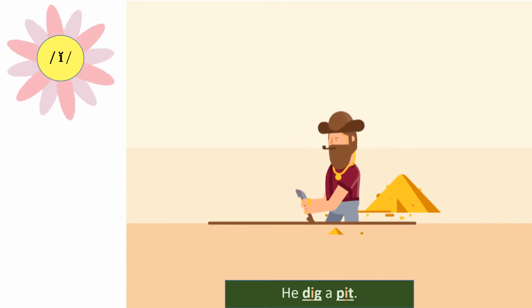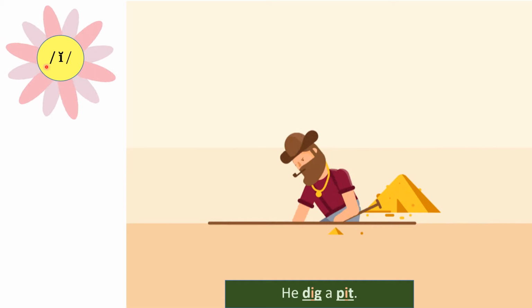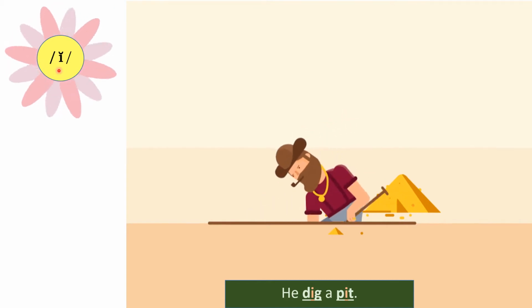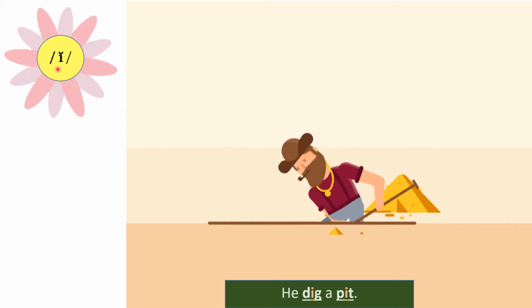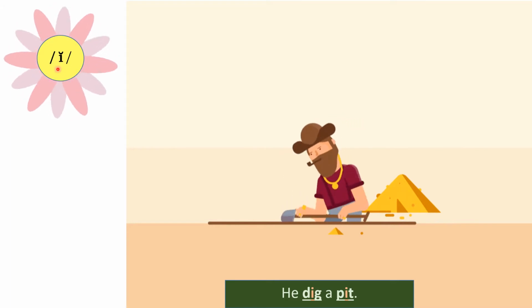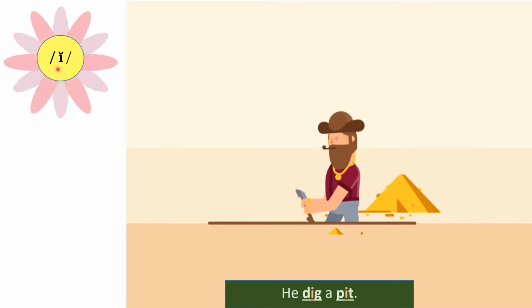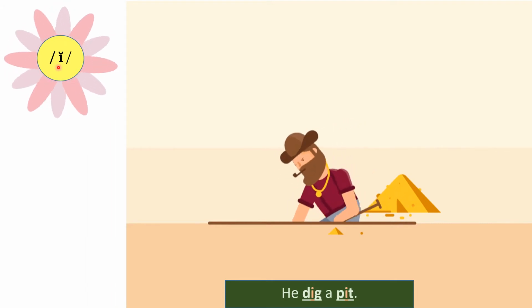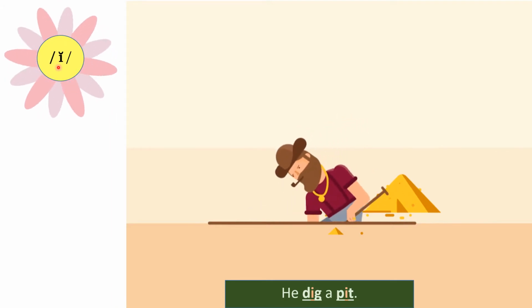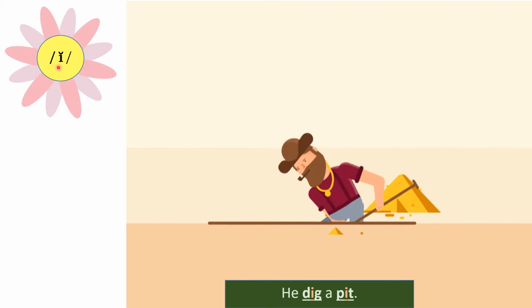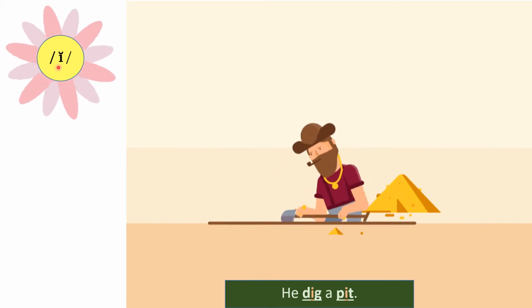The next pronunciation symbol for vowels is the symbol of short I. And this has a sound of I. Now, if you can see that there is only one vowel in a word, either at the beginning or between two consonants, it usually has the short vowel sound.